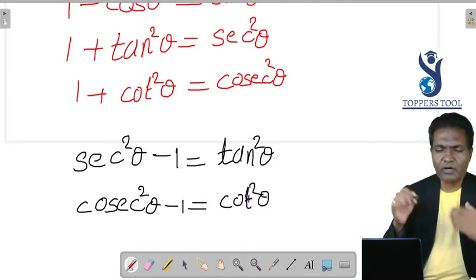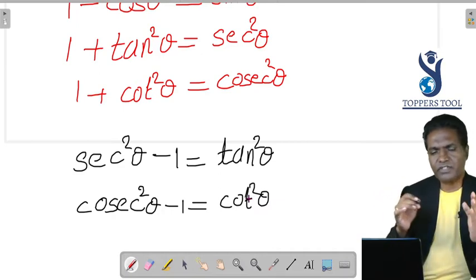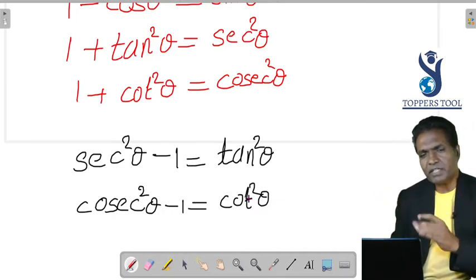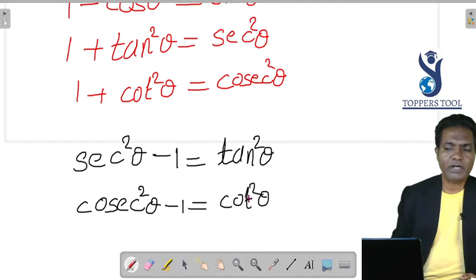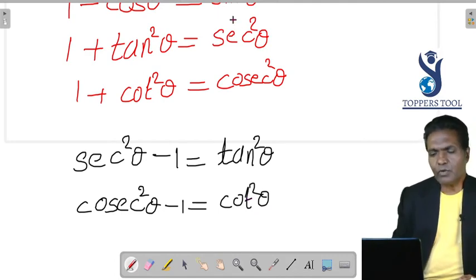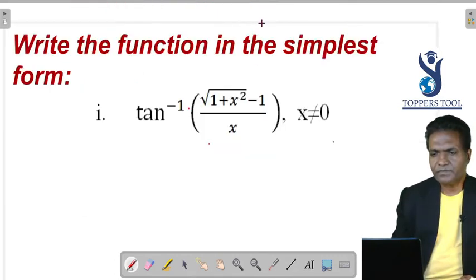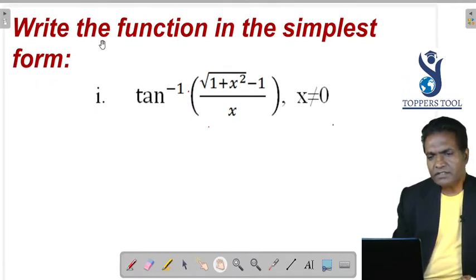So in order to express an inverse trigonometric function into its simplest form, these are going to help. Okay, so take one example. Write the function in the simplest form.